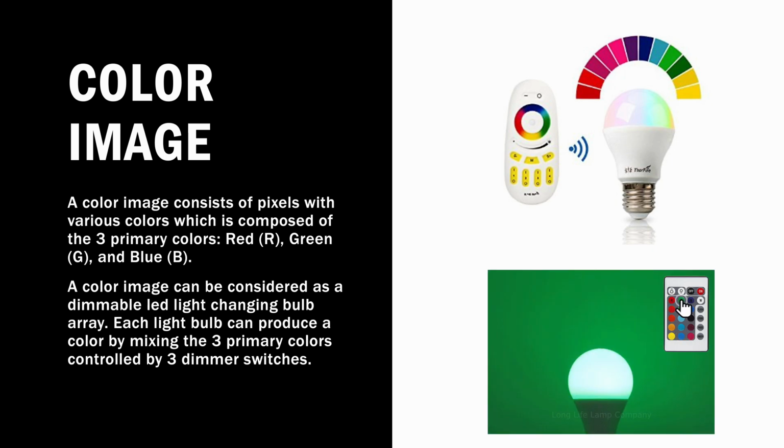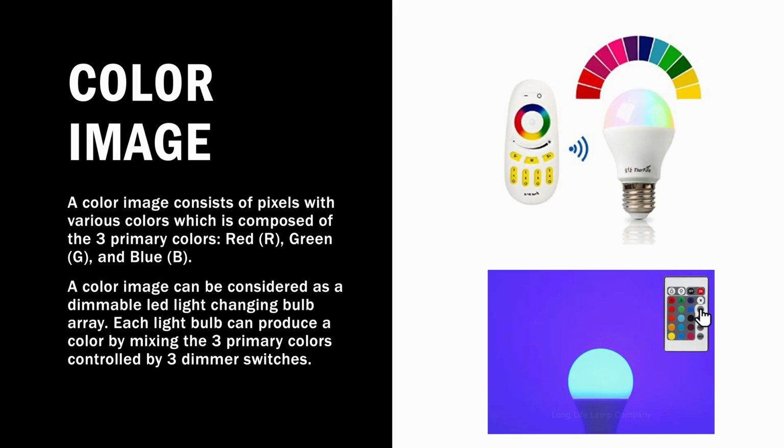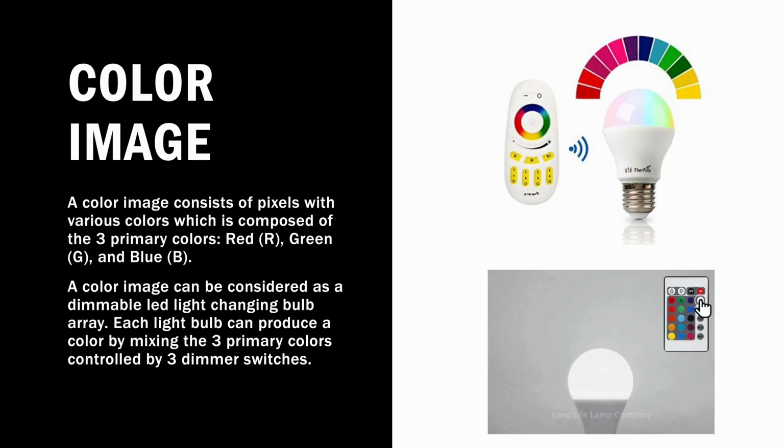Inside, the bulb mixes red, green, and blue light, each controlled like a separate dimmer switch. By changing the levels of these three colors, the bulb can glow in thousands of different shades. In the same way, every pixel in a digital image uses red, green, and blue to produce full-color pictures.